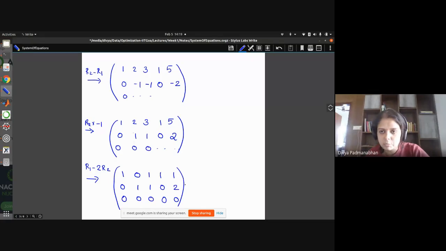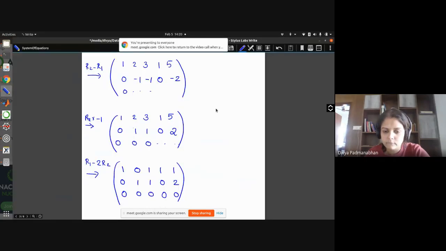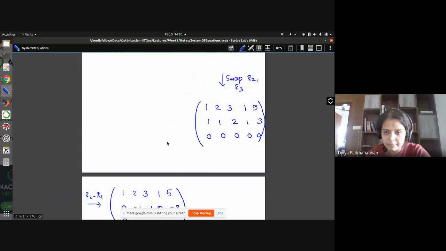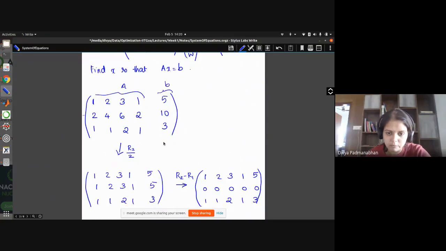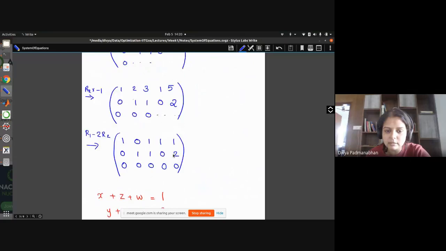With this, is it possible to tell the solutions? Can someone try? Remember, you did the same set of operations. You started with A and B, and you did the same operations on all the entries of A as well as B, and the result you had was this.